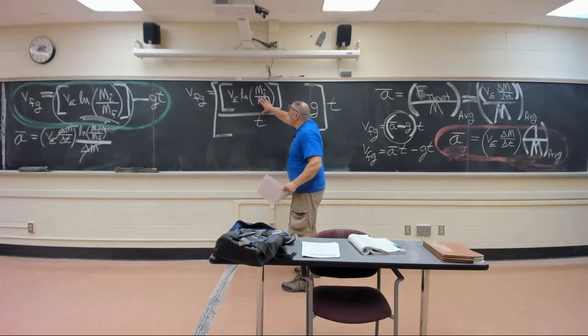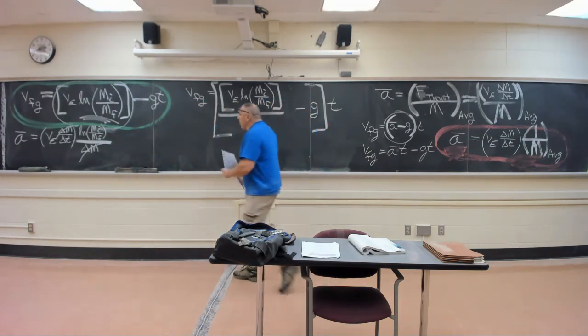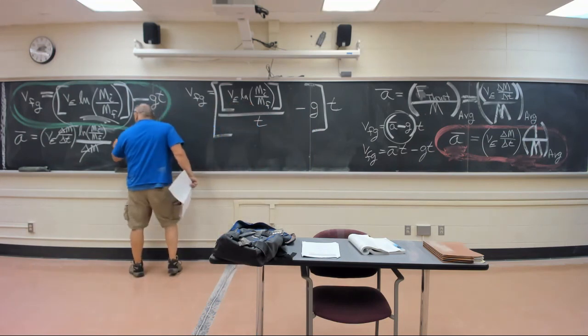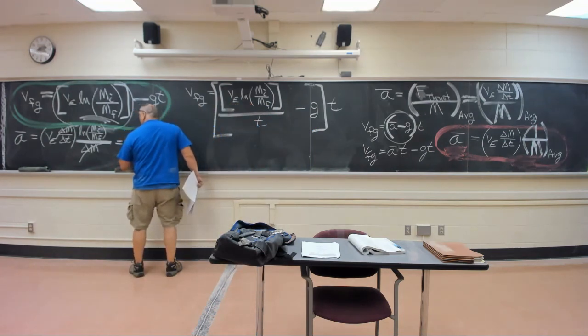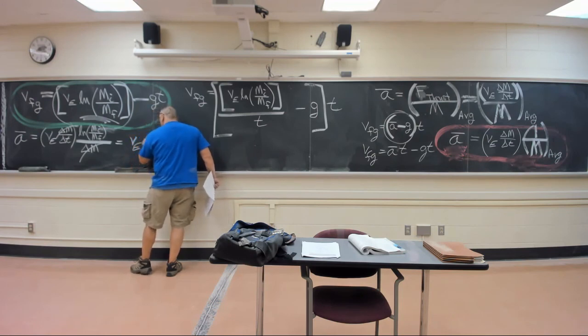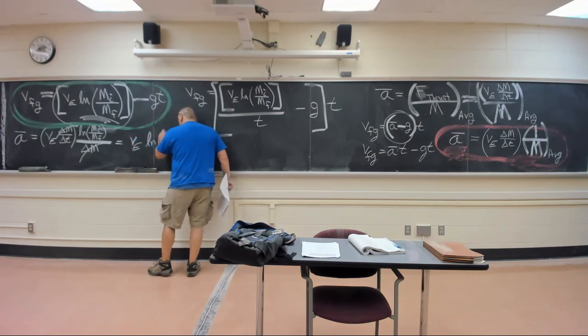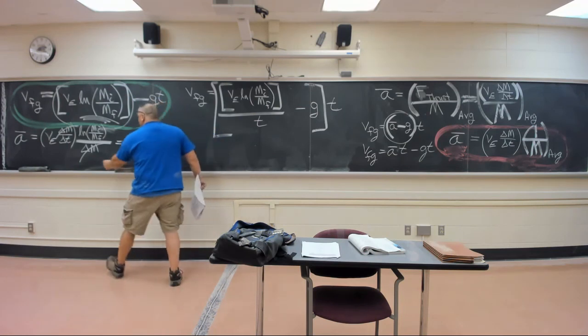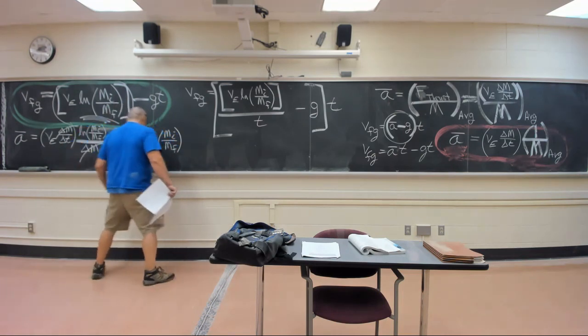This is A bar. Now you're probably wondering, wait a minute. May I say something else, ladies and gentlemen? VE is ln MI over MF. Yeah, the delta M's went. Delta T is on the bottom.